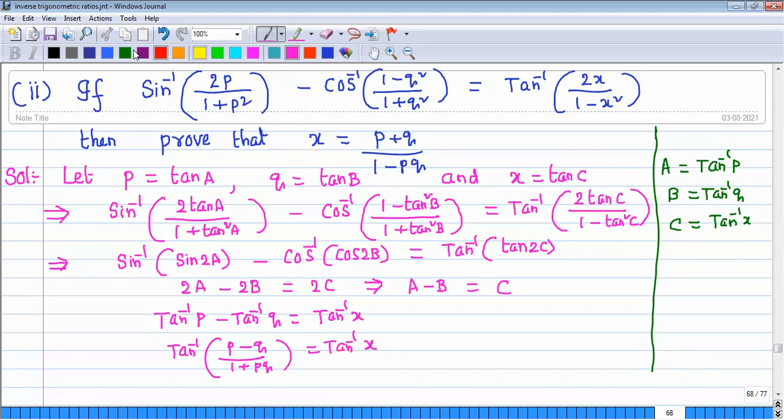Comparing on both sides, x must be equal to p minus q by 1 plus pq. So that means the question needs to be rectified, not this answer. The answer should be p minus q by 1 plus pq. This is proved. That's the answer.